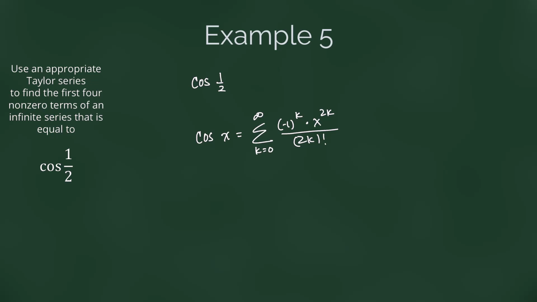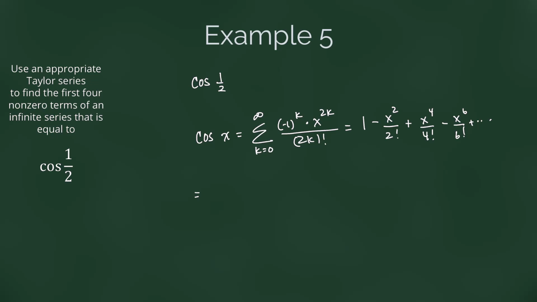And we know that this series is equal to 1 minus x squared over 2 factorial plus x to the 4th over 4 factorial minus x to the 6th over 6 factorial, and so on and so forth. So we'll see how many of those terms we can get to be non-zero by plugging in 1/2.